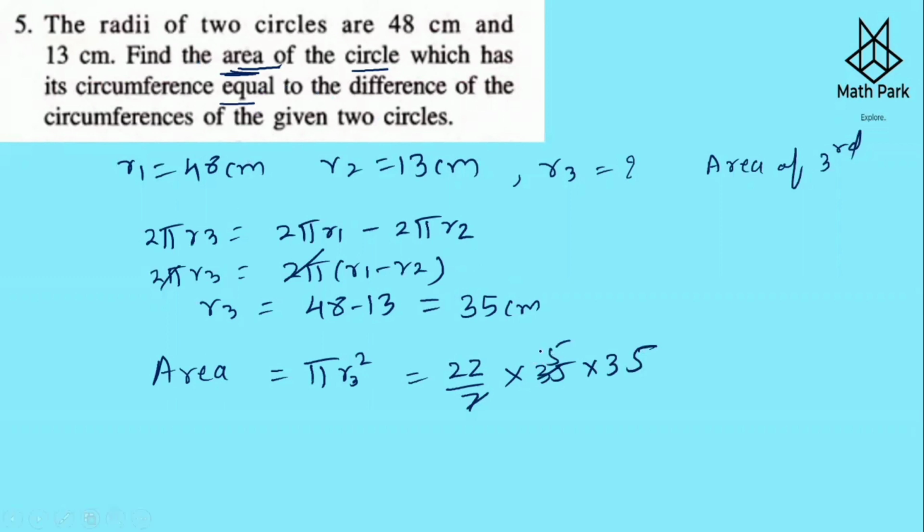So let us simplify this. 22 times 5 is 110, and 110 multiplied by 35 gives 3850 square centimeter as the area of the third circle, according to the given condition that the difference in the circumference is equal to the circumference of the third circle.